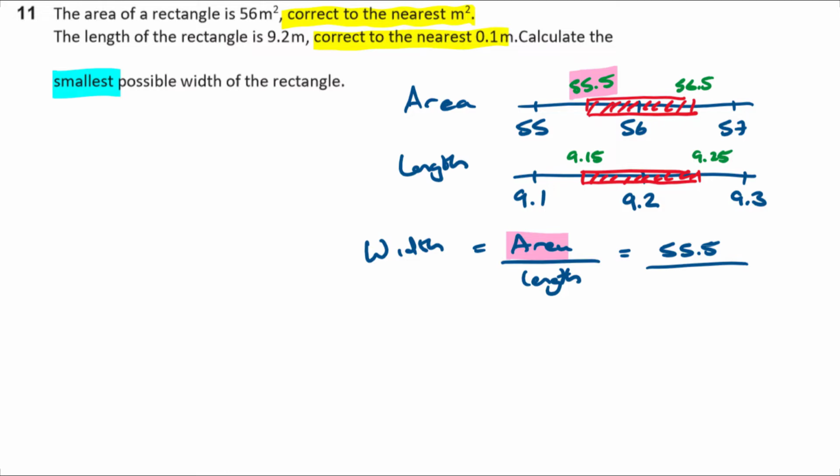If you think of a fraction, the smallest fraction is the one with the largest denominator. So a quarter is smaller than a half because a 4 is bigger than a 2. So I need to pick the largest possible length, which is my 9.25.